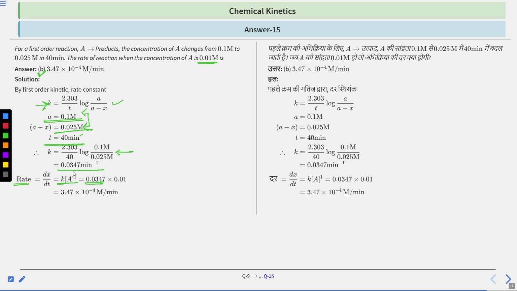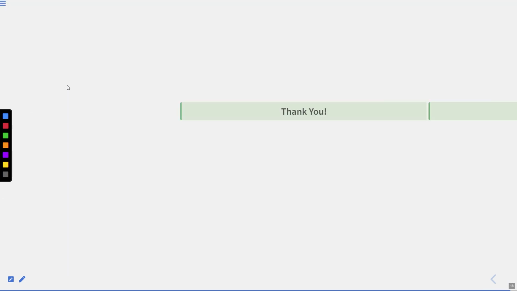So let's put the A concentration as 0.01 molar, multiply them, and the rate is coming out as 3.47 times 10 to the power minus 4 molar per minute. This is the rate of the reaction. Thus, our option B, 3.47 times 10 to the power minus 4 molar per minute, is the correct answer. Okay. Thank you.